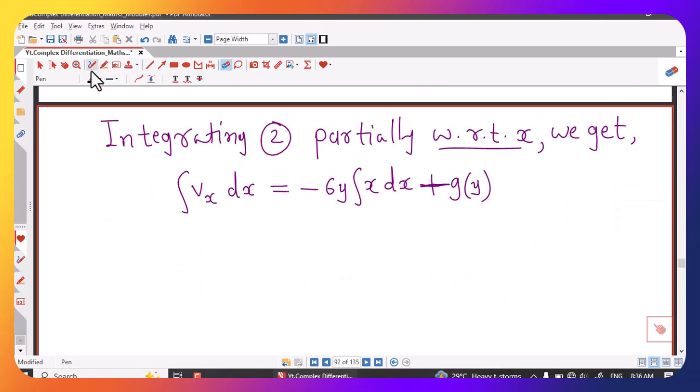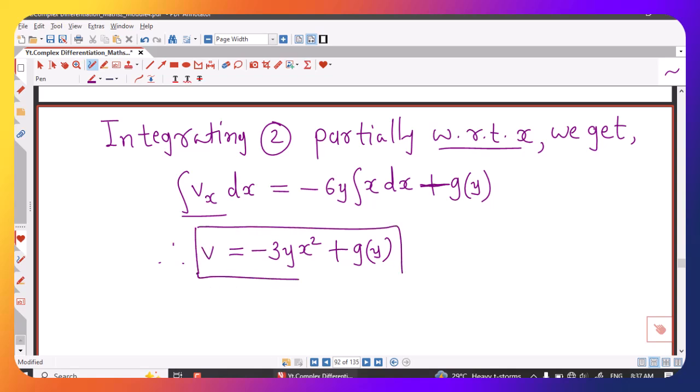And now here we will have v, the integral of del v by del x with respect to x, is function v, and here we have minus 6y, and the integral of x is x square by 2, so the 2 cancels with this, and we can write minus 3y x square plus g of y, and this is equation number 3.